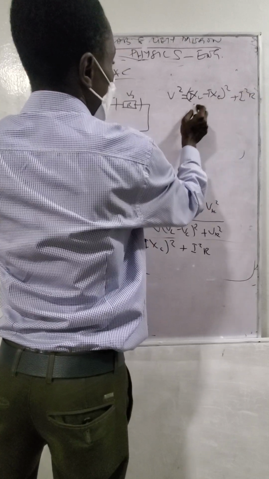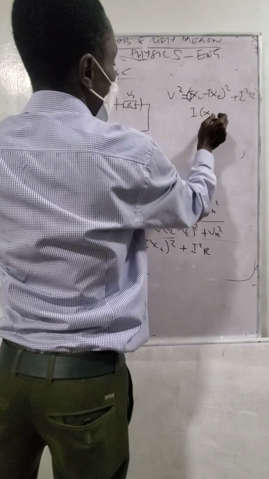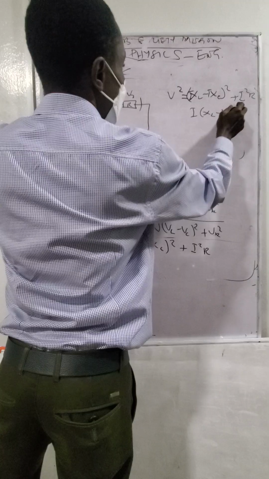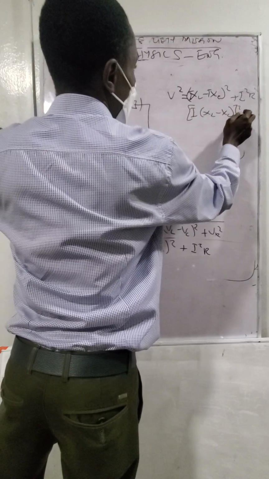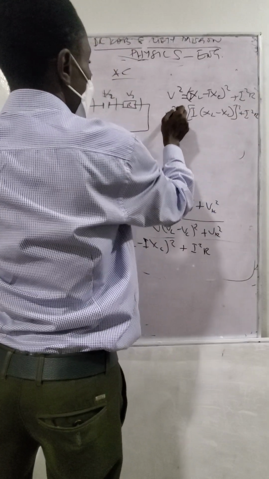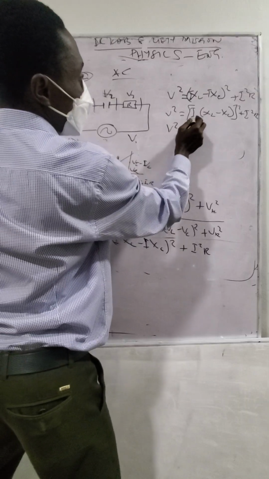So I comes out, I squared comes out: (X_L minus X_C) all squared, plus I squared R, equal to V squared. Now this will become what?